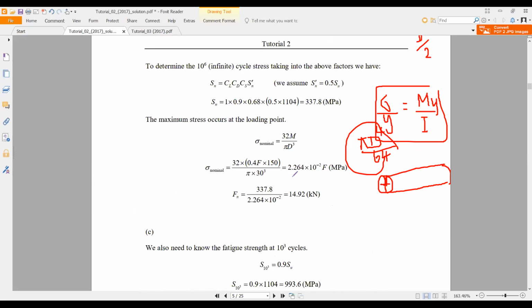So then that value should be equal to this value if it is 10 to the power 6 cycle. Okay, so if it is equal to this value, you can find out the F. This is the value. So are we clear about that? Any questions?